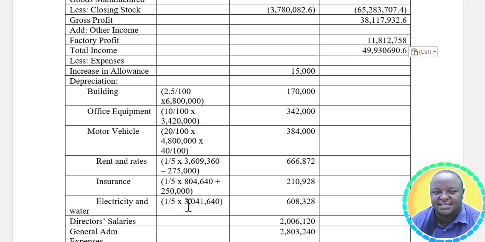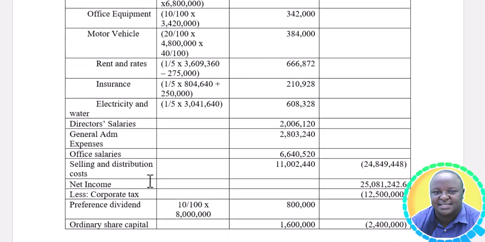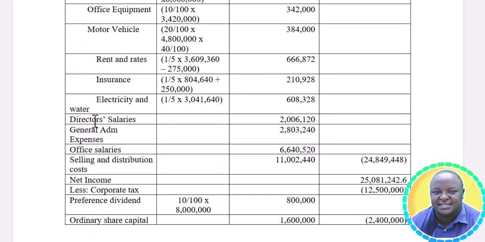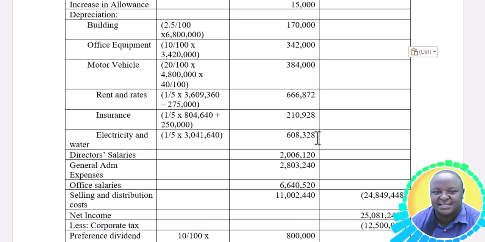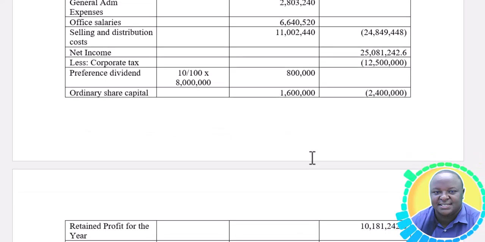Electricity and water, we have been told the proportion for administration is 1/5. You get that. You add the director salaries, general administration expenses, office salaries, selling and distribution cost. All those expenses come to 24,849,000. Then of course you less from the total income, you are able to get the net income.